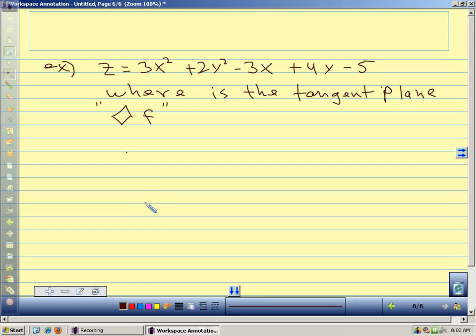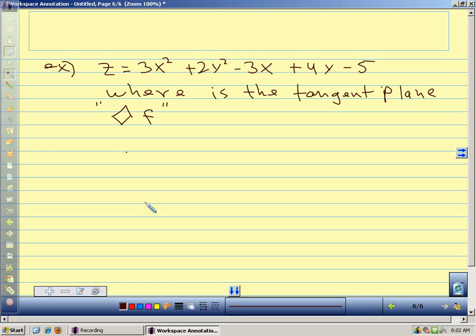Where's Diamond F horizontal? All right. So given this information, how are we going to figure out where the tangent plane is horizontal? When the angle of inclination is 0. Yes, that's one way we could do it.